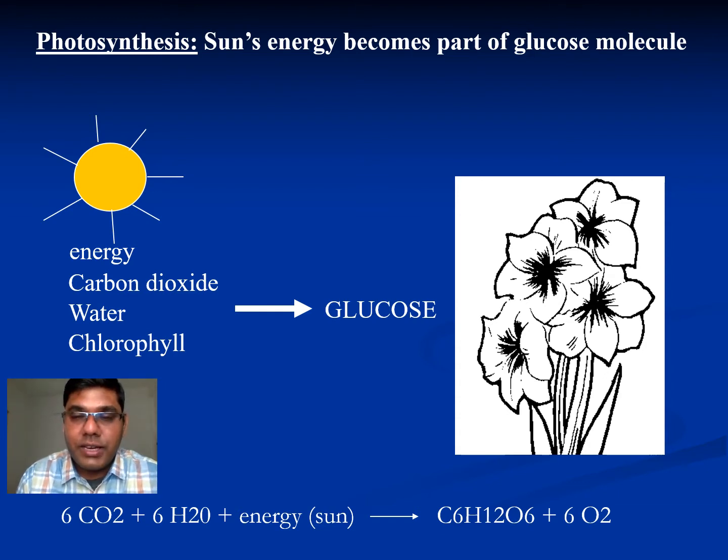So basically for this we need sunlight, which is the energy part, and then we require carbon dioxide, water, and chlorophyll, wherein we get glucose. So 6 molecules of carbon dioxide with 6 molecules of water in the presence of sunlight gives rise to 1 molecule of glucose, which is C6H12O6.